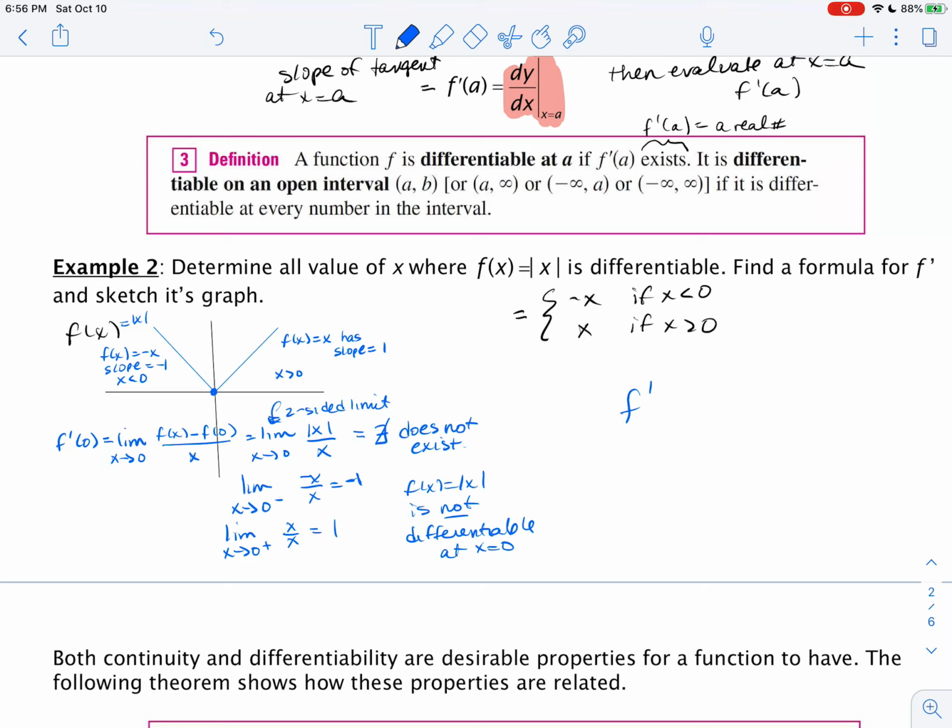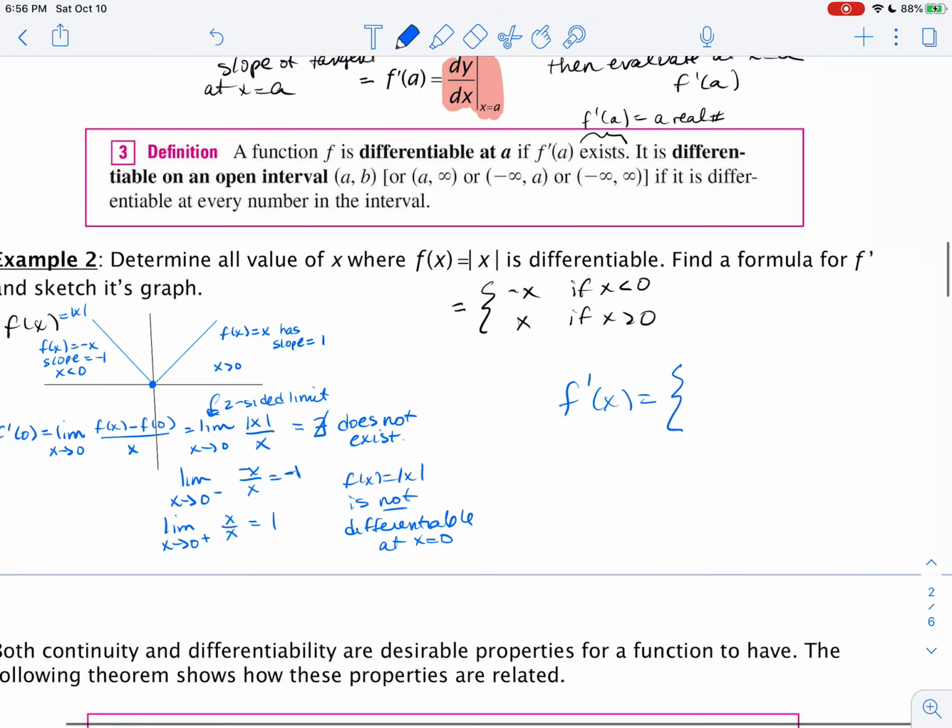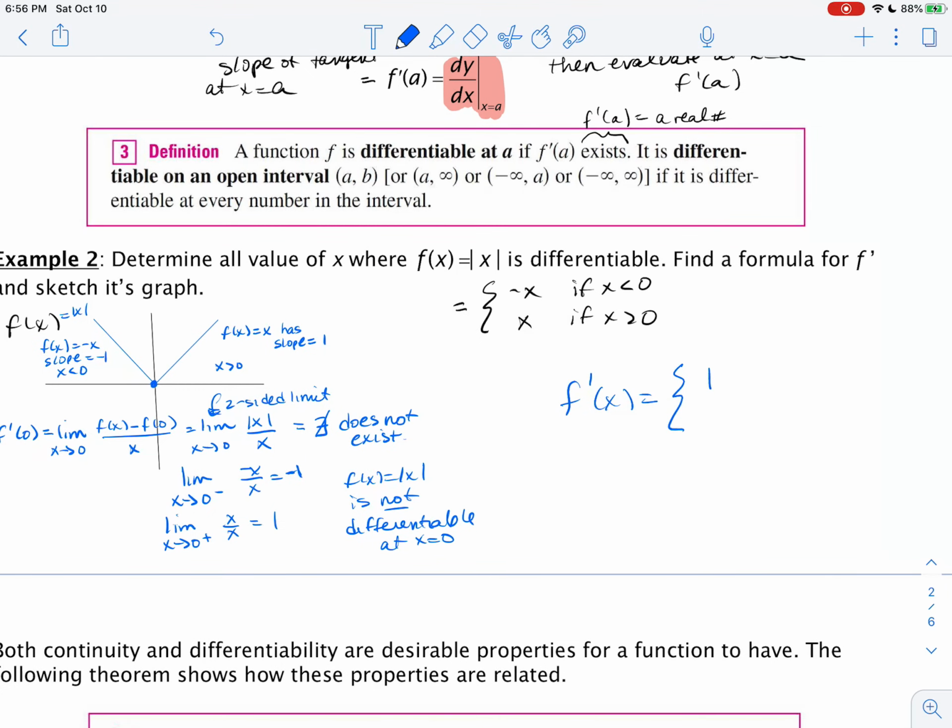I would say that the derivative here of f of x, as I mentioned in just taking the graph of the absolute value of x, is going to be minus 1 for x less than 0. It's going to be 1 for x bigger than 0. And it does not exist for x equal to 0.